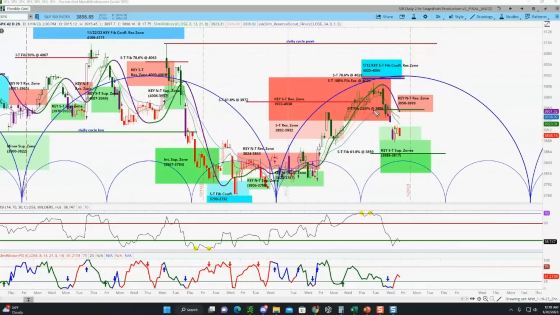This all occurred within the key short-term resistance zone and also inside of the early to mid peaking phase. So the typical area where you would see a peak in the daily cycle, all of this price action has occurred, again, increasing the odds that a peak has happened already in the S&P 500.